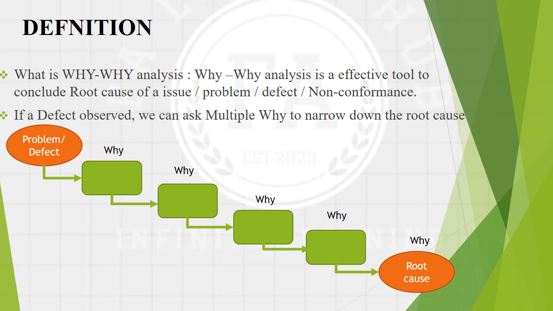So if a defect is observed, we can ask multiple whys to narrow down the root cause, as shown in the figure below. So there is a problem or a defect or a non-conformance. We ask the first why, so we get a direct cause of that issue. Then we ask multiple whys to narrow down the root cause. So this is what a why-why analysis is.